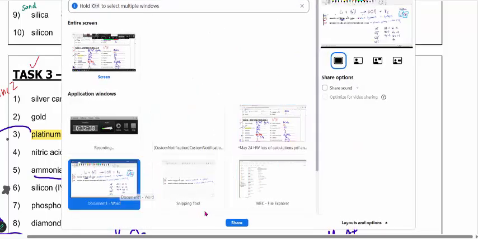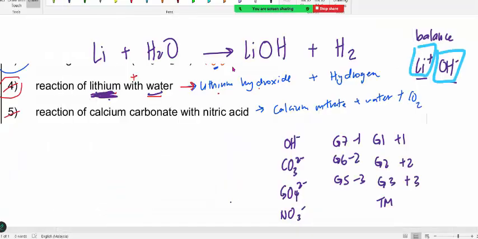It's lithium hydroxide, same concept. Li positive 1, OH negative 1. So it becomes LiOH. So you don't need to swap, but for balancing, like here you put 2, 2, 2.